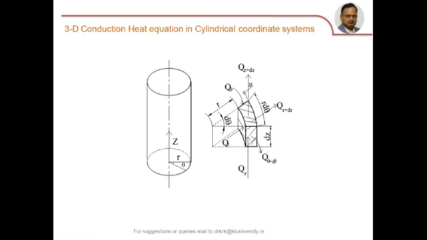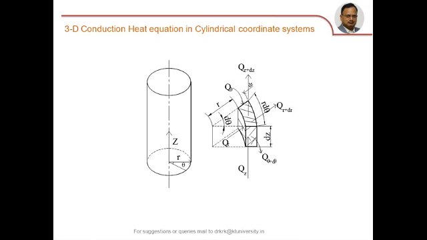Therefore, the volume of this element is r d theta into dr into dz. That is the volume. Suppose the density is say rho, mass of the element is rho into dr into r d theta into dz.